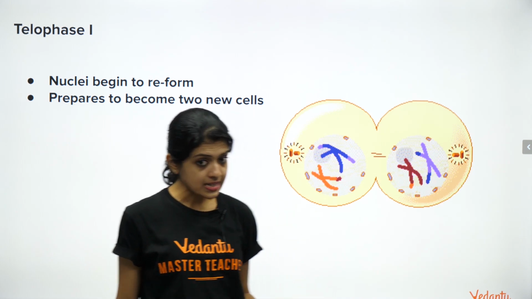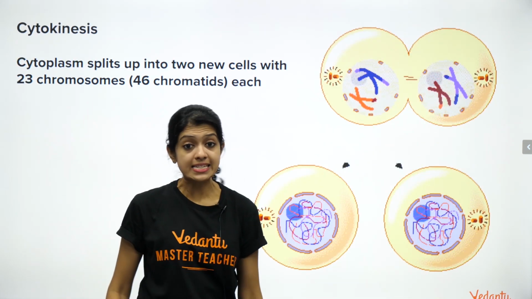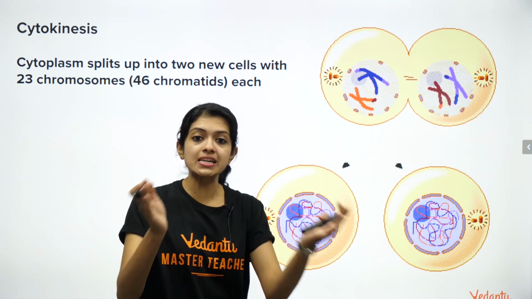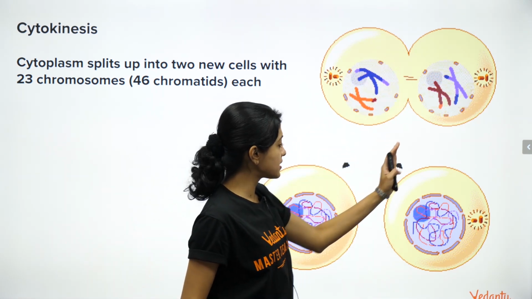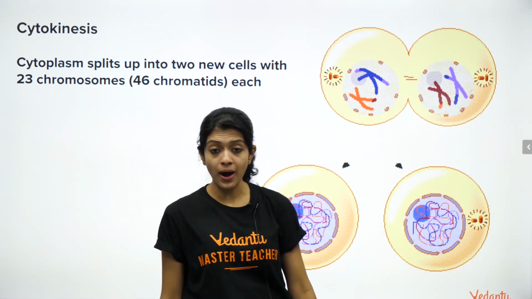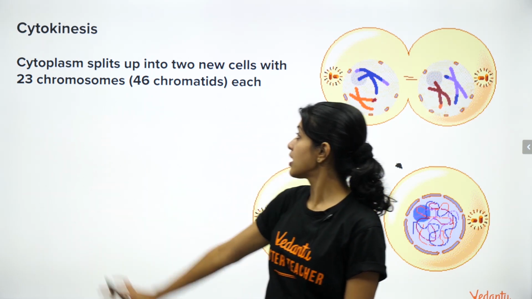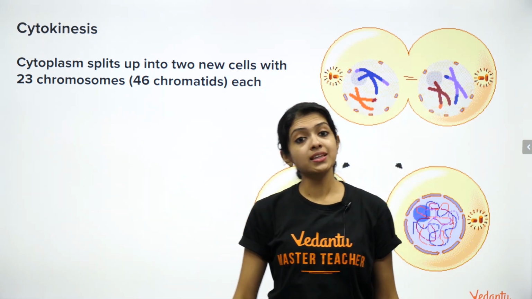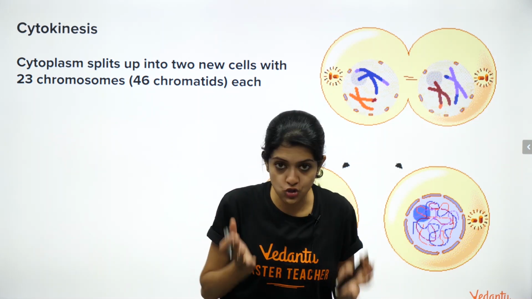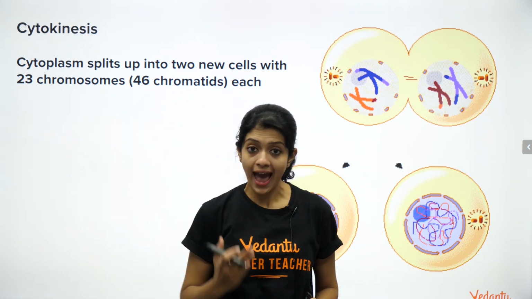This is followed by the final separation, which is cytokinesis 1, wherein the splitting of cytoplasm occurs, and you have the end result at the end of cytokinesis 1. This is what you would have: 2 new cells with 23 chromosomes as opposed to 46 chromosomes that the parents had.